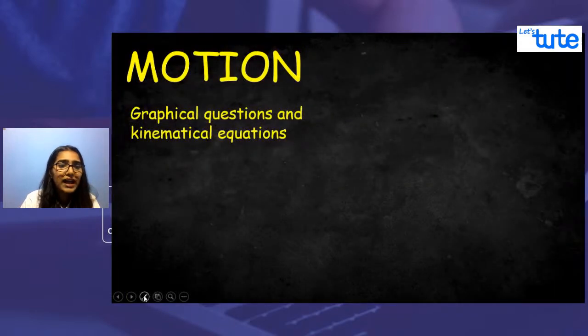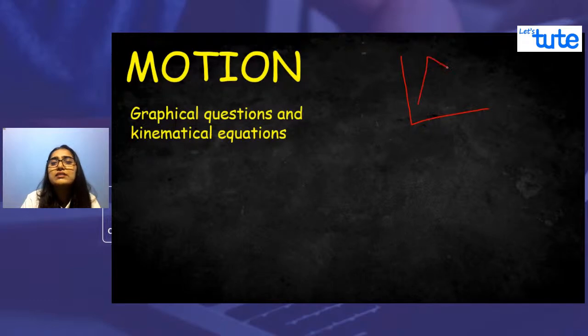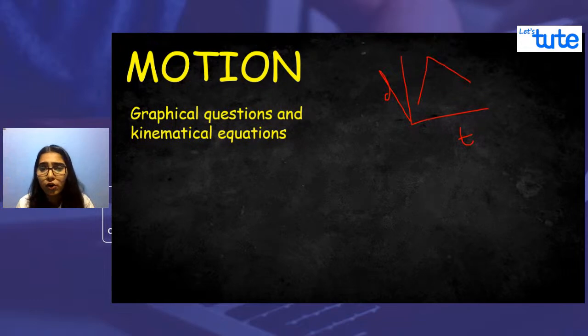They would just give you random figures, and based on that figure, you have to tell what happens to the velocity.